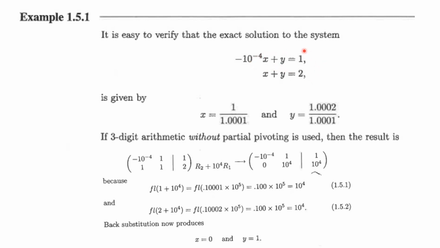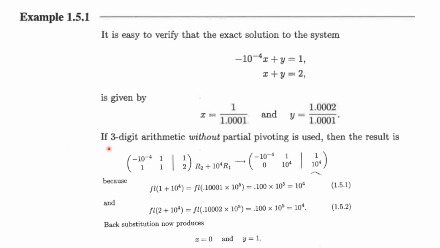The exact solution to this problem is given by x equals 1 over 1.0001, and y equals 1.002 over 1.0001. Both of these numbers are very close to 1. y is just a little bit bigger than 1, and x is just a little bit less than 1.